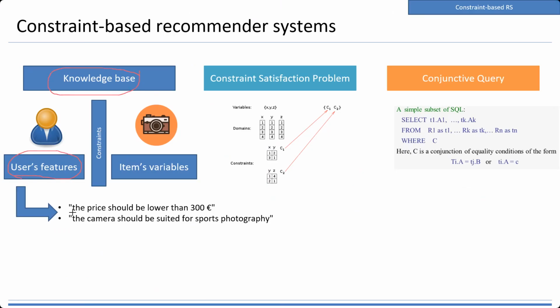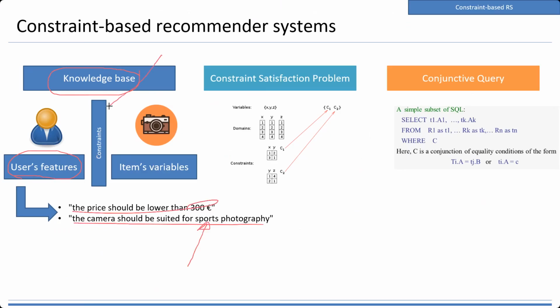Okay, the requirement is the price should be lower than 300 euro. This is one requirement. And the other requirement is the camera should be suited for sports photography. So the users have very specific requirements, and this is the knowledge.